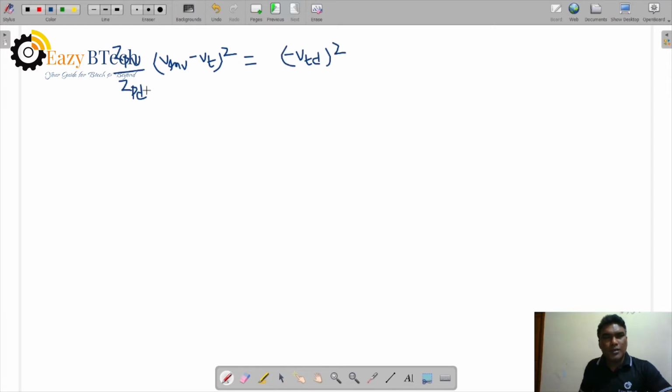Now take Z pull down to the right side. So V inverter minus Vt whole square is equal to minus Vtd whole square by Z pull up by Z pull down.